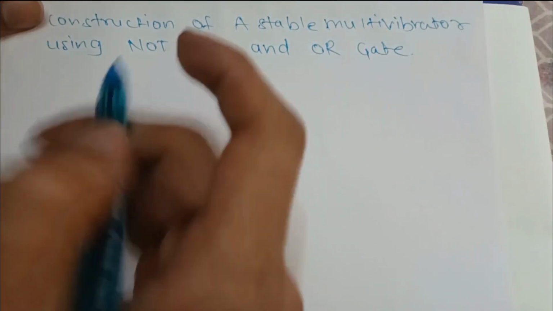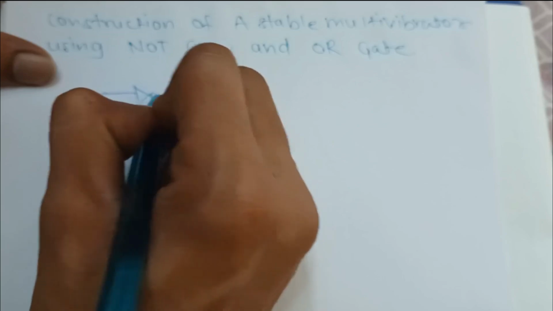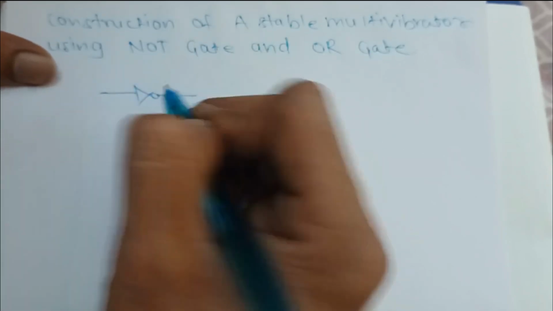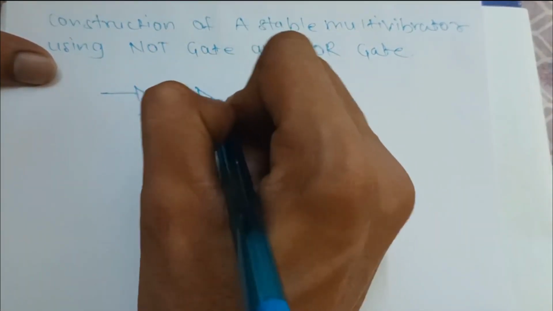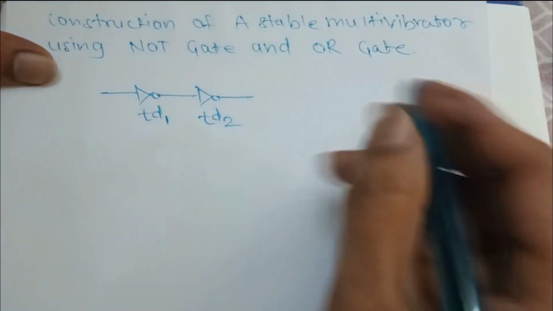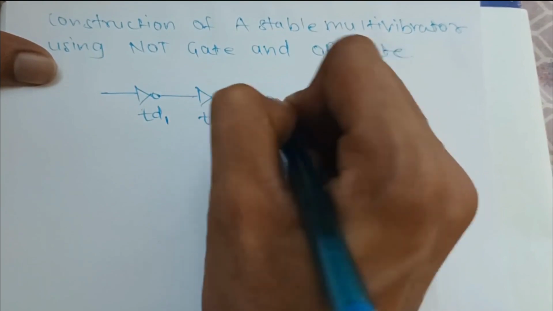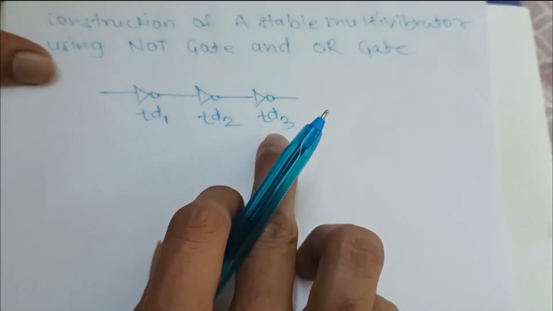First one, how the astable multivibrator is going to be obtained when we use an odd number of NOT gates. First of all, write the odd number of NOT gates. This is our NOT gate, which is having, suppose we are taking TD1 as our time delay. The next NOT gate is having TD2 as a time delay. The third NOT gate is having TD3 as its time delay.